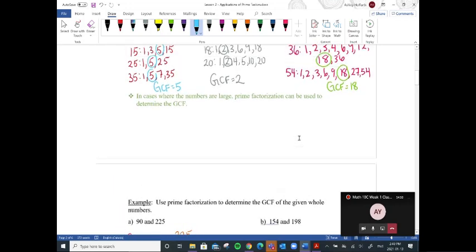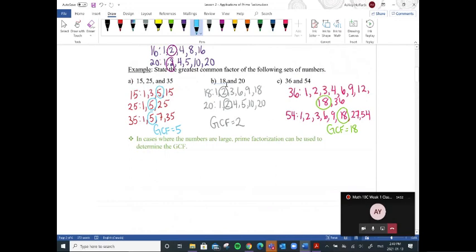Okay, so if I go back up to 18 and 20, we can do the exact same thing. I'll just quickly, just to show you, do this really fast. 18 I'll do 3, 6, and then 3 and 2. 20 would be 4 and 5, and then 2 and 2. Those are all prime.